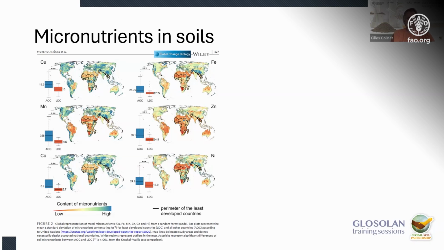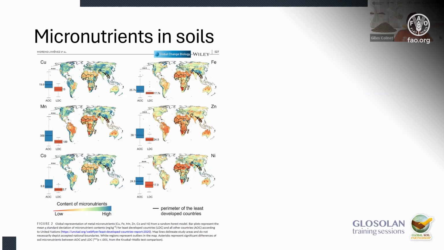More recently, there was a study published by Moreno Jimenez et al. in Global Change Biology, and they made a kind of modeling of the content of micronutrients in the soils over the world, comparing the least developed countries with the most developed countries.